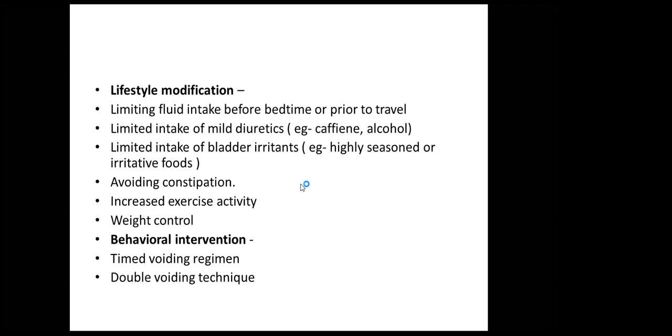Lifestyle modification includes limited fluid intake before bedtime or prior to travel, limited intake of mild diuretics such as coffee or alcohol, limited intake of bladder irritants, avoiding constipation, increased exercise activity, weight control, and behavior intervention such as timed voiding regimen or double voiding technique can be used.